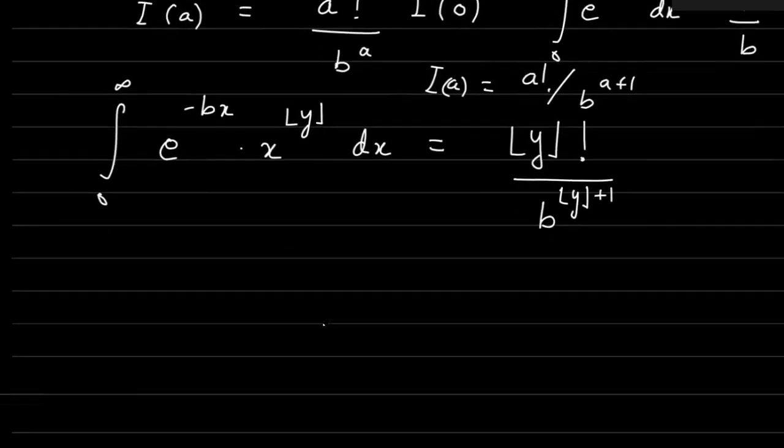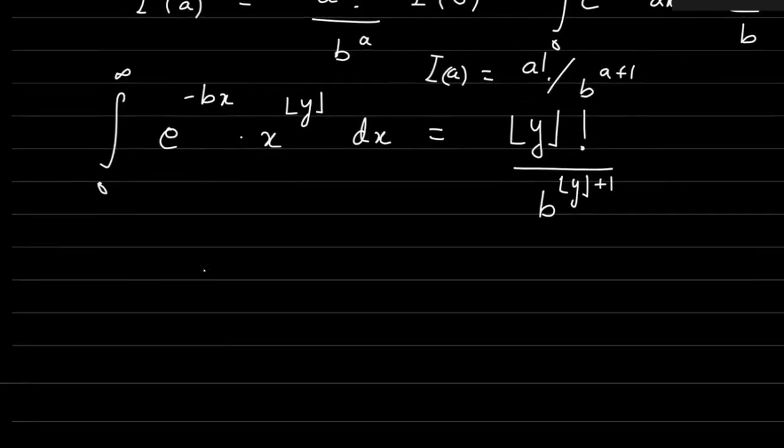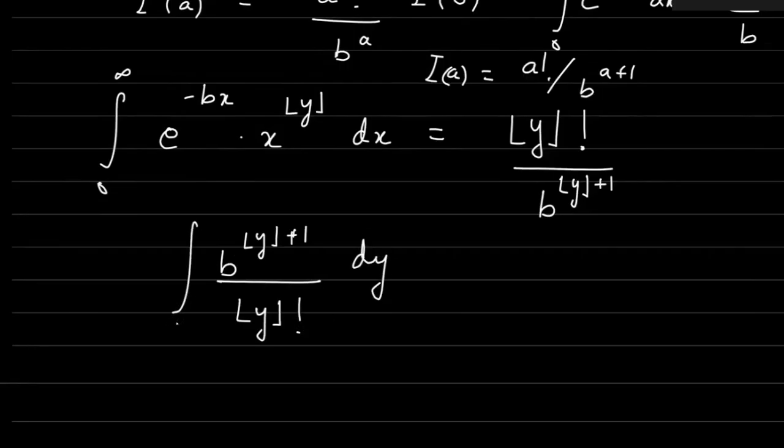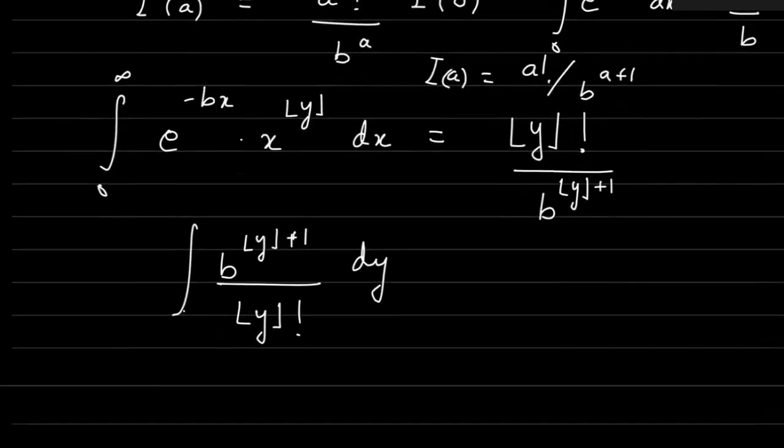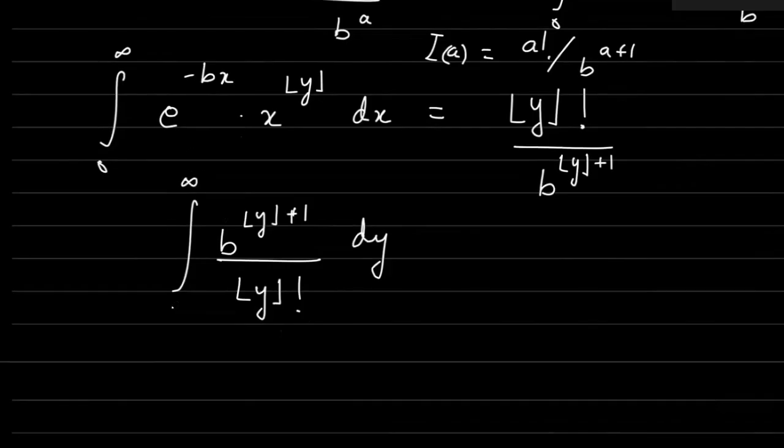So you'll get this. Now we have to take the inverse of this. So it is basically b to the power floor y plus 1 by floor y factorial, integrated from, what are the limits? Limits are same, 0 to infinity. But now floor y is a function which we need to separate in different ranges.